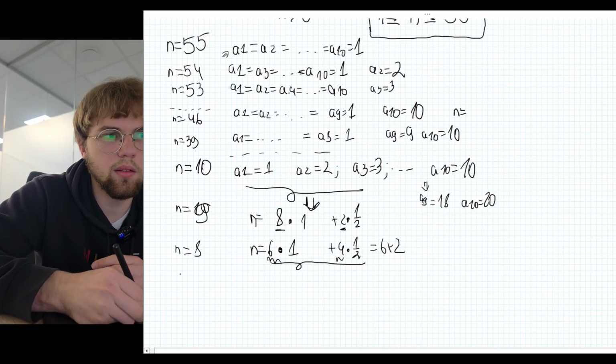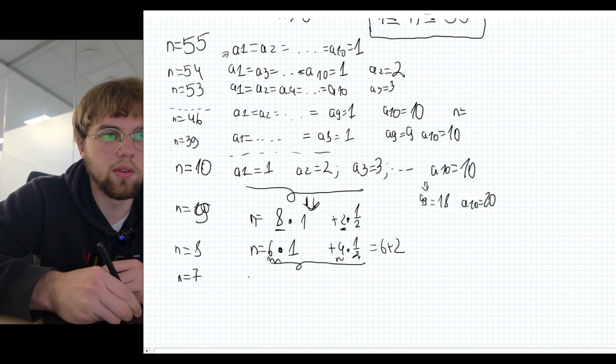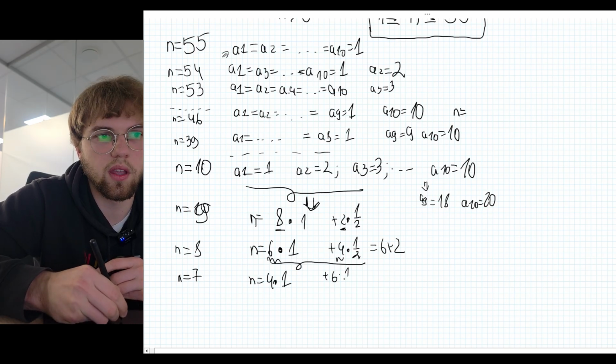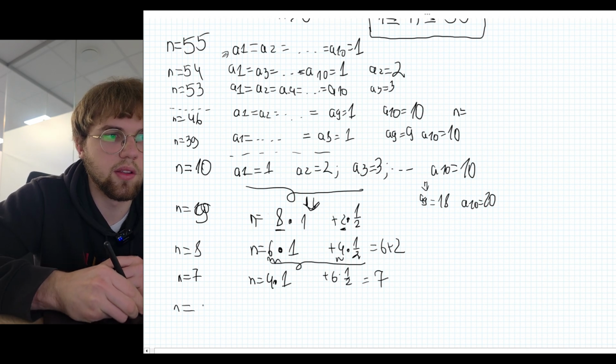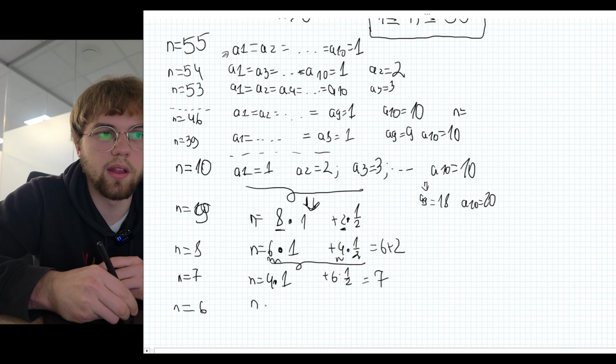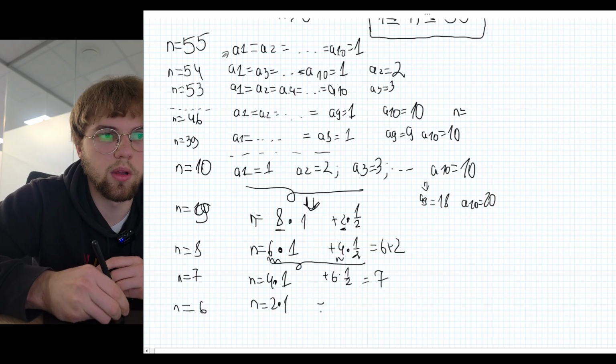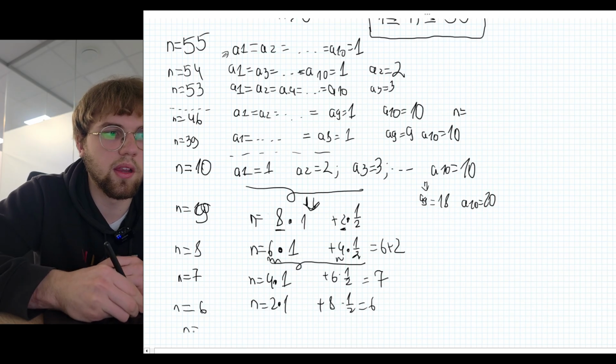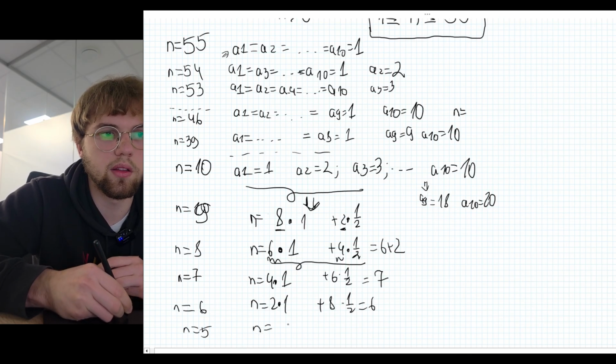And yeah, n equals 7, you'll get 4 times 1 plus 6 times 1/2, you'll get 7. n equals 6, you'll get 2 times 1 plus 8 times 1/2, you'll get 6. n equals 5, you'll get 10 times 1/2 equals 5.